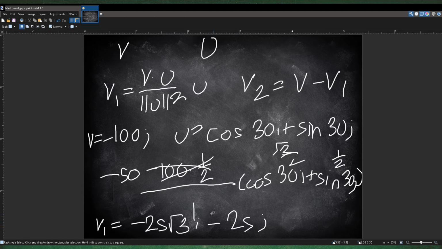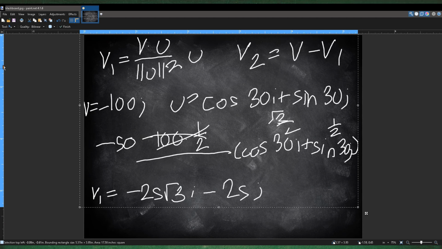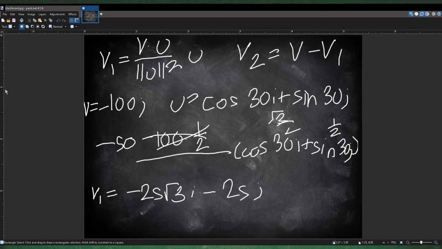So let's delete this and move this up. Now we just need to look for the vector. This is the vector that is parallel to u, which makes sense.